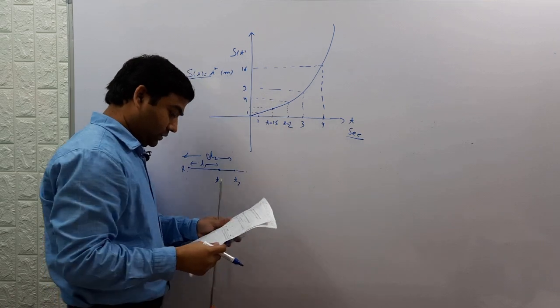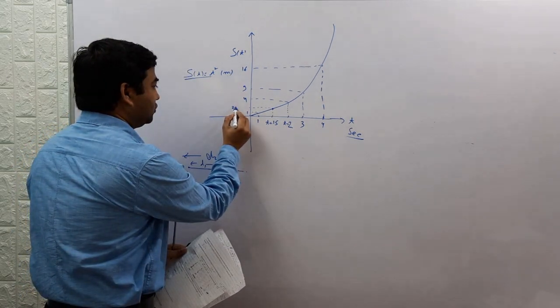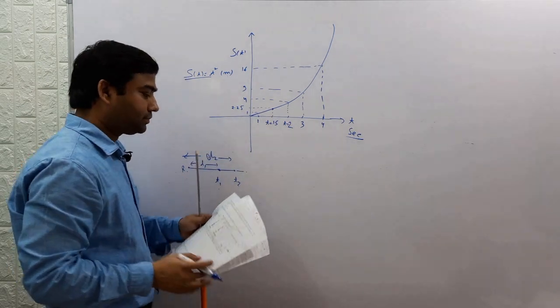And t equal to 1.5, displacement is 2.25.